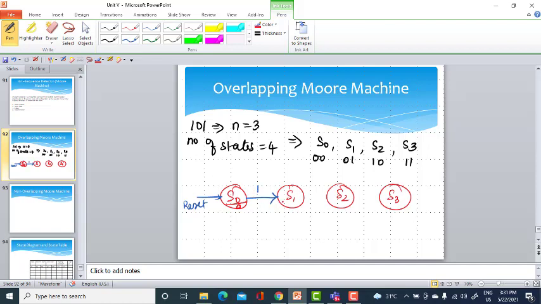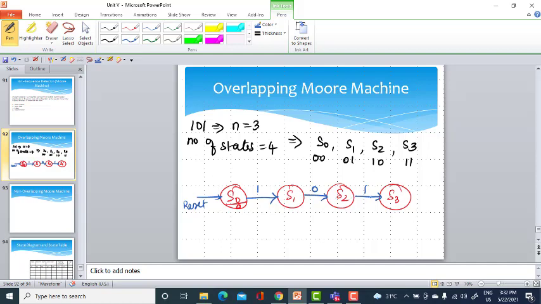Your next correct input is 0, and then again 1. When you receive 0, you will go to S2.